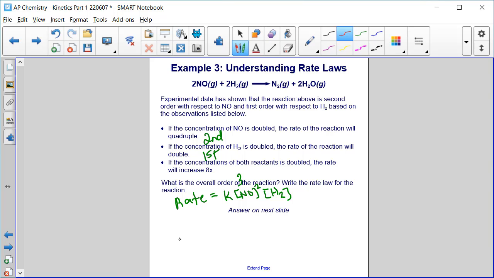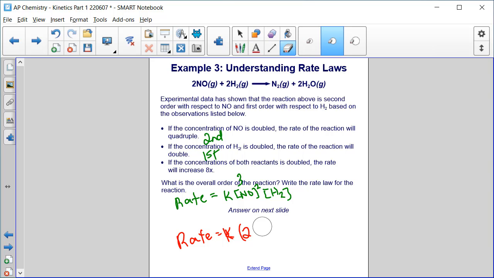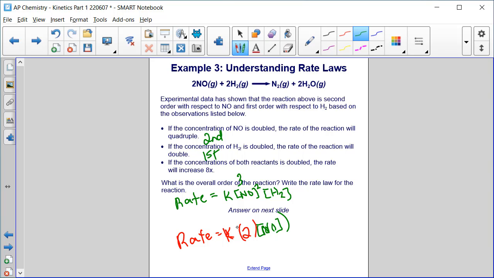Because if we say the rate is equal to K times the concentration of NO. So it says in this last bullet point, if the concentrations of both reactants is doubled, so I have 2 times the concentration of NO. And then, of course, this whole thing is being squared.